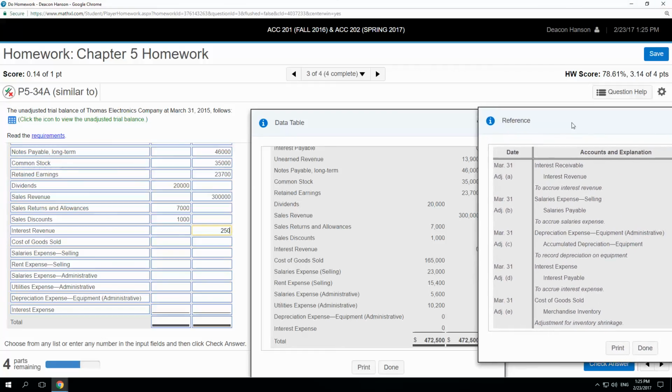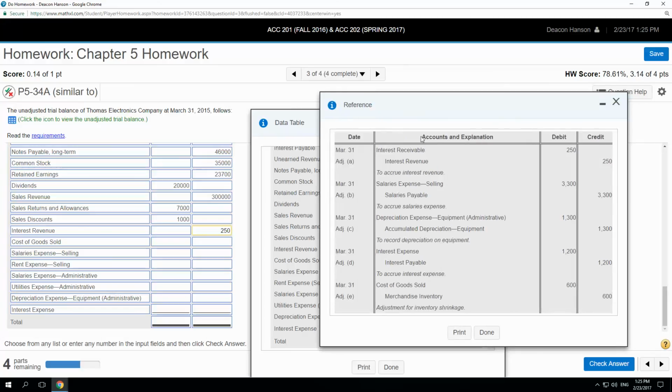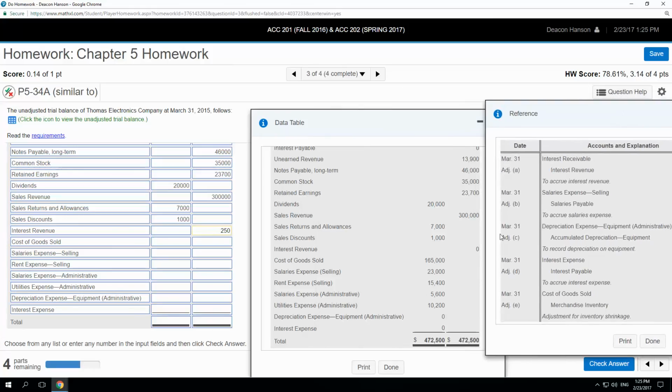Let's see, cost of goods sold. We did make an adjustment. Notice, we increased cost of goods sold with a debit of 600. What is cost of goods sold's balance? 165,000. So the new balance is going to be 165,600. We're going to tack on another 600. Okay.